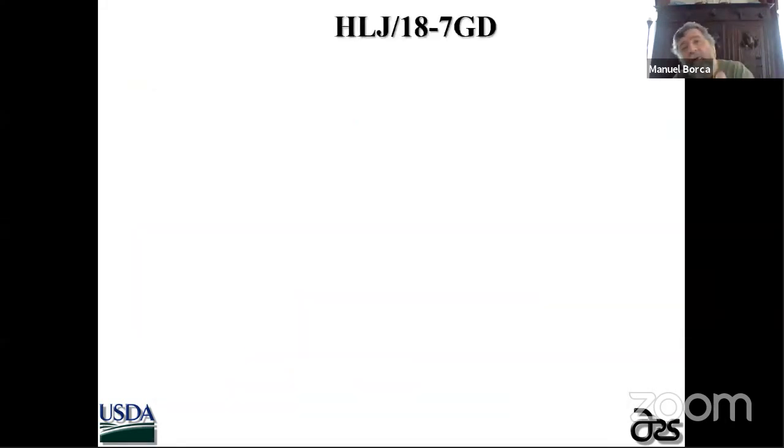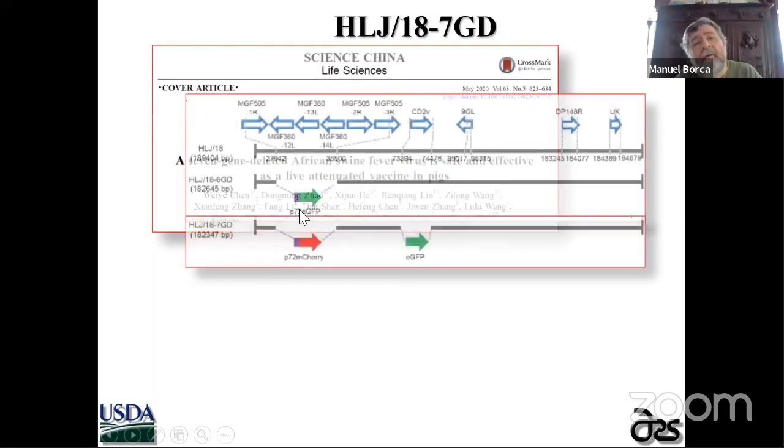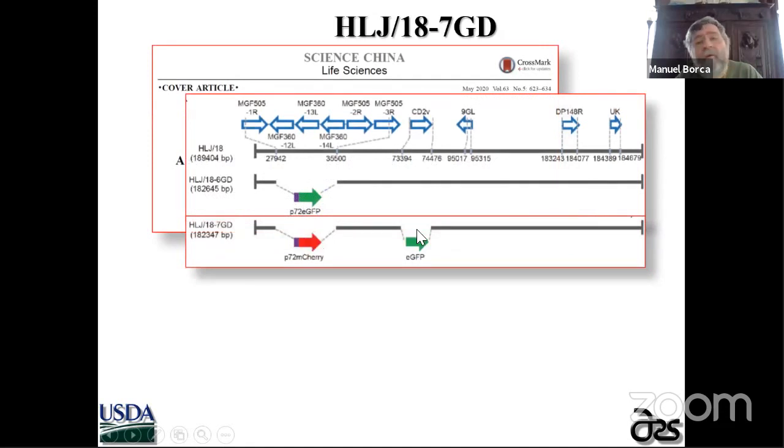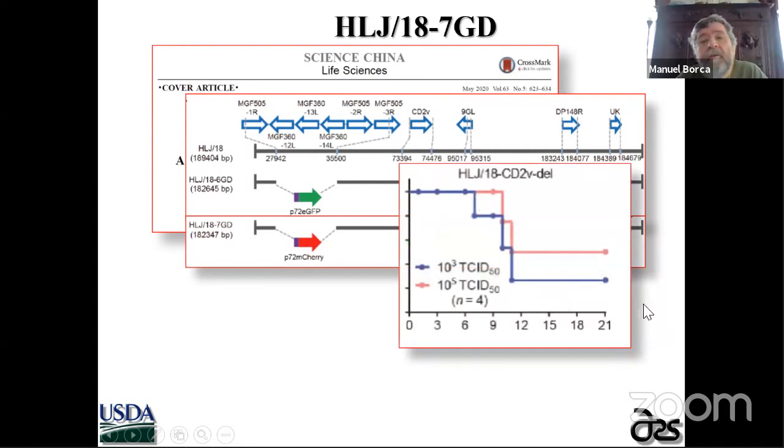Although it's not chronologically ordered, I would like to talk about another virus that was published in this particular paper by Dr. Bu's group, that is the 7GD. The 7GD virus is basically the multigene family deleted virus plus the deletion of CD2. In the same paper, they showed that deletion of CD2 does not strongly alter the virulence of the virus.